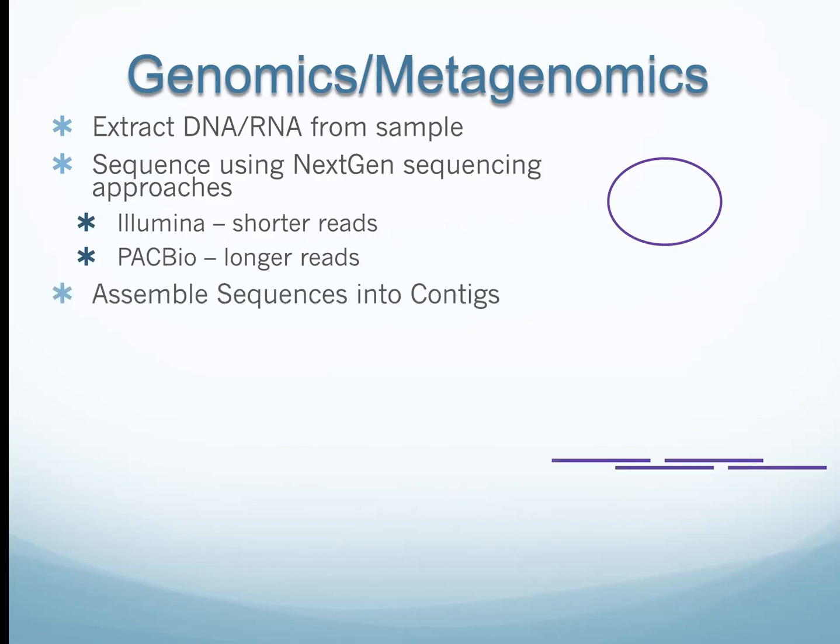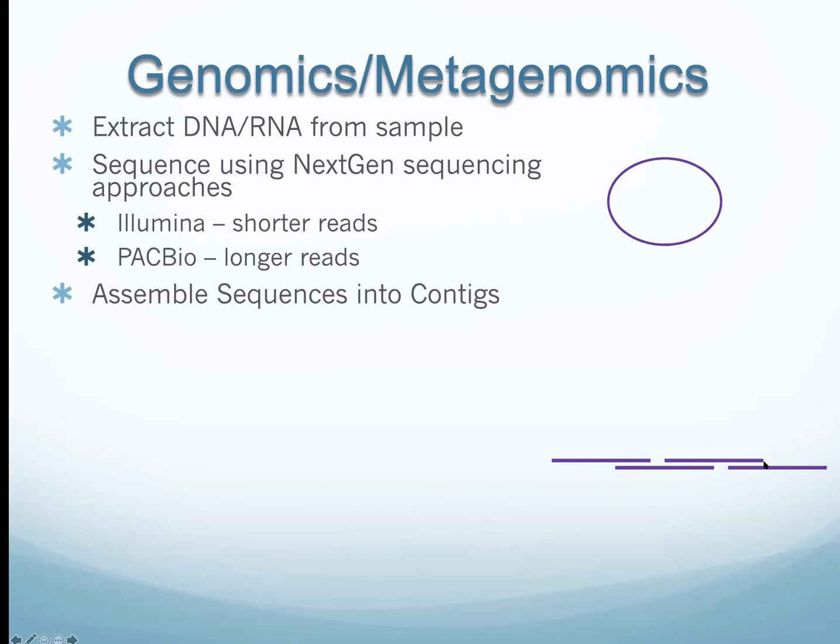All of these end up generating what we call contigs. And essentially what you're doing is you fragment the genomes and then you've got to reassemble those genomes, right? So you break the genome up into a bunch of chunks and then you've got to figure out, like a puzzle, where they go back together. And so what you need are overlapping regions where the sequence would be the same here as it is here.